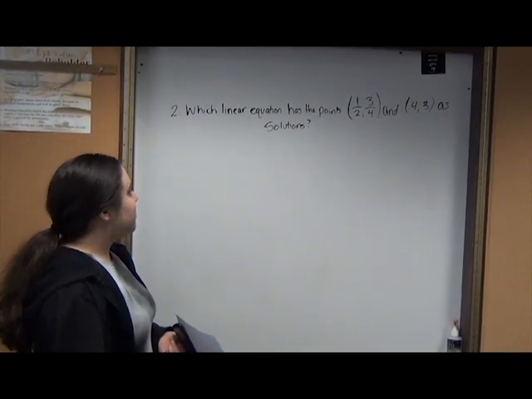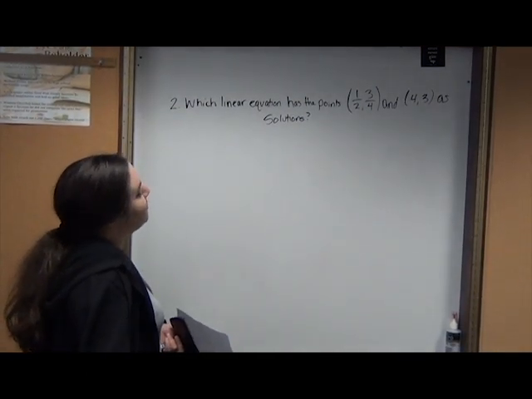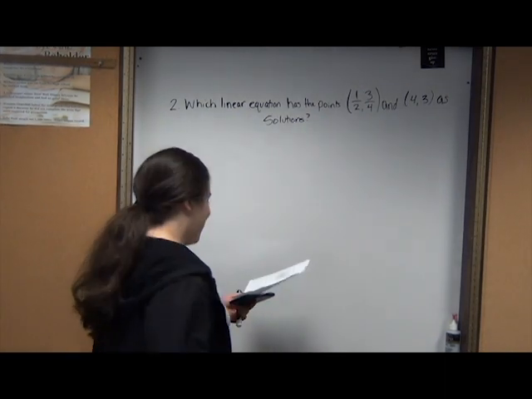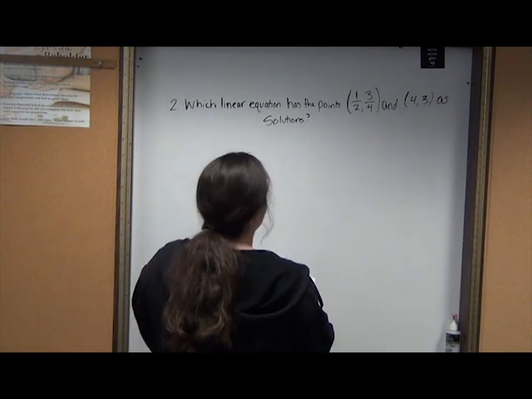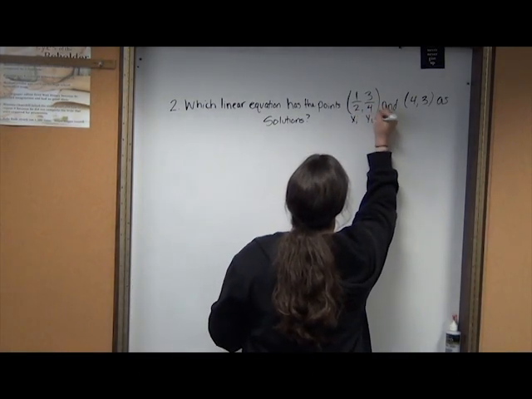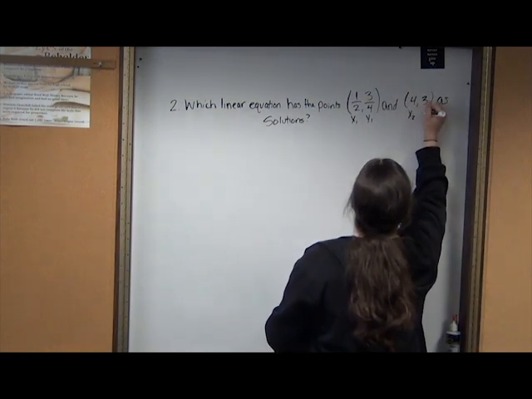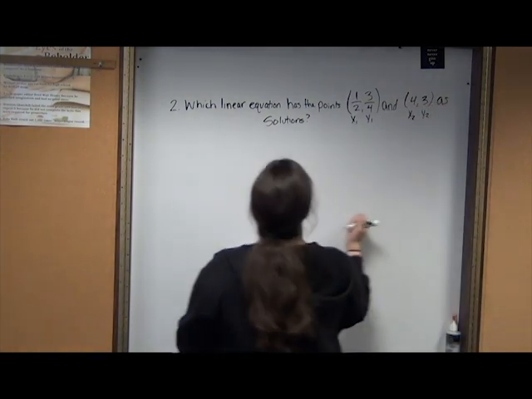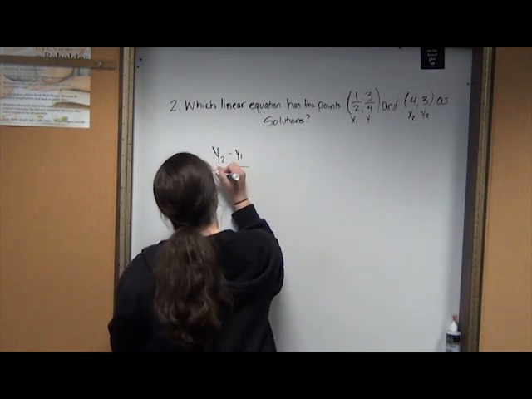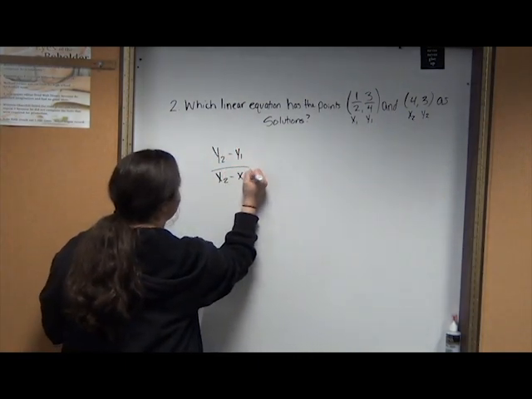Number 2, which linear equation has the points (1/2, 3) and (4, 4 3/4)... as solutions? So first, this is your x1, y1, x2, y2. So you're going to do y2 minus y1 over x2 minus x1.